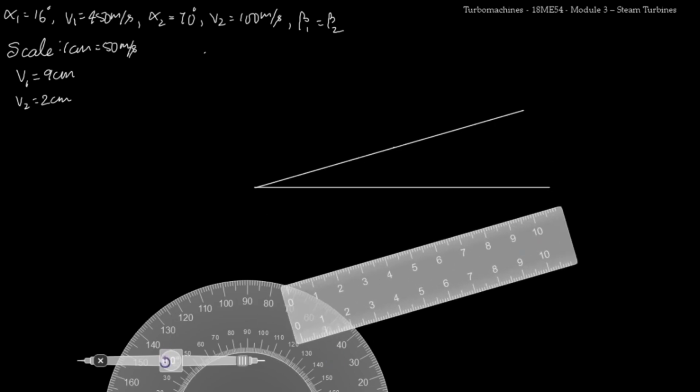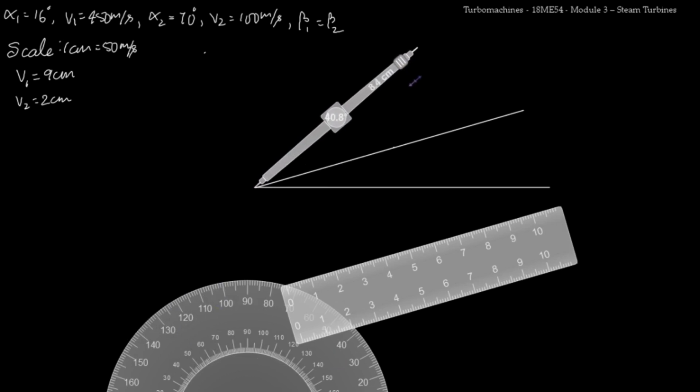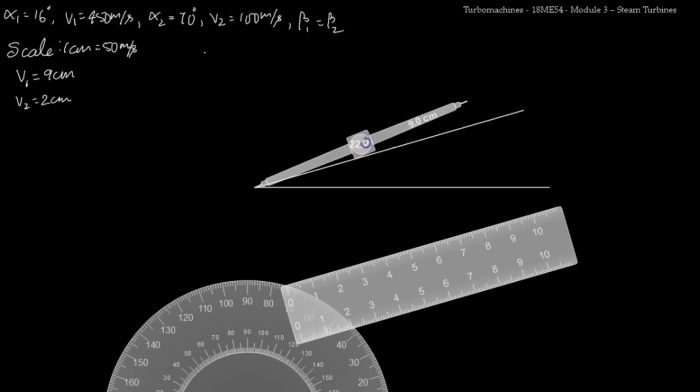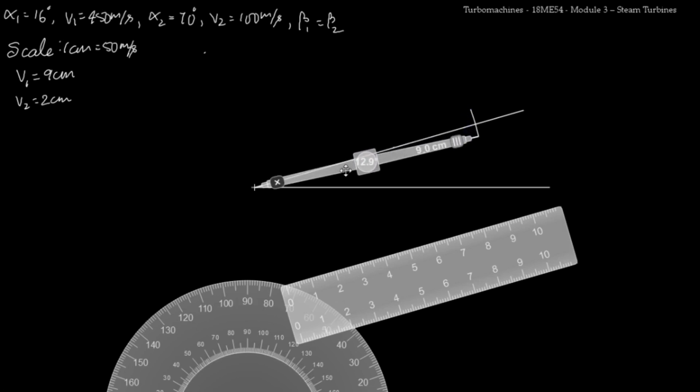Now I know it should be 9 centimeter, so I'll place it here. I'll change the length to 9 centimeter. Then I'll cut an arc.